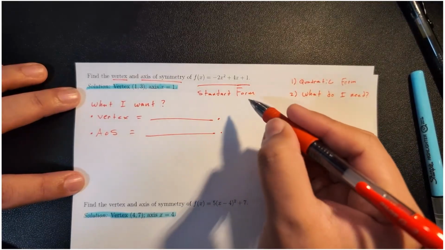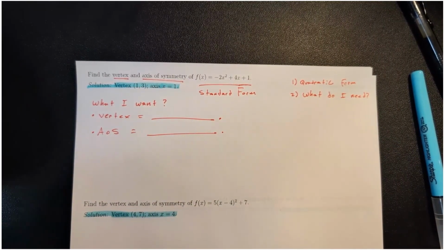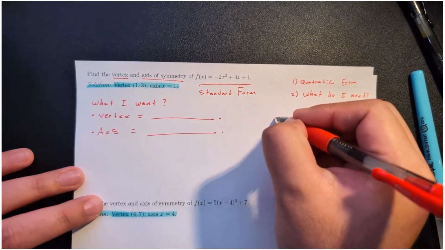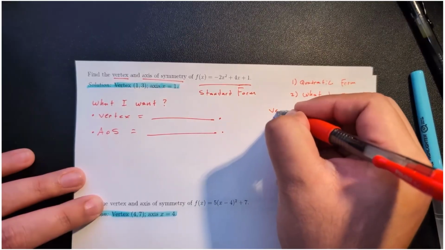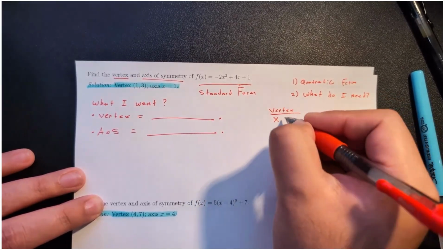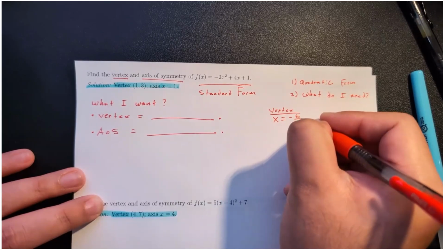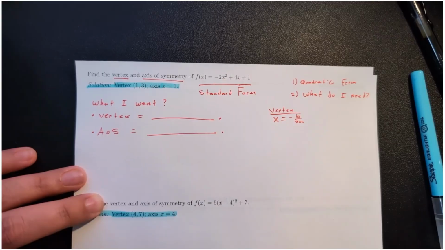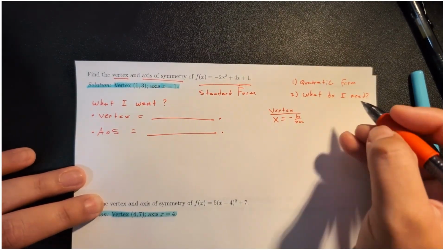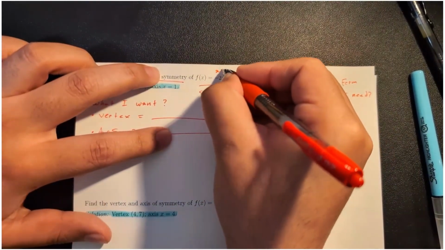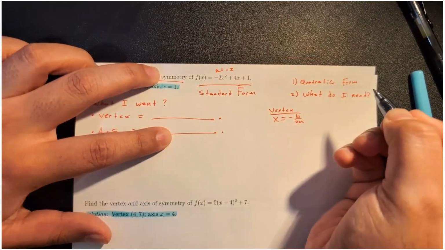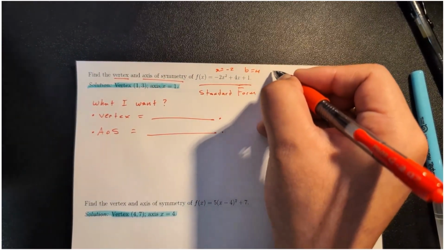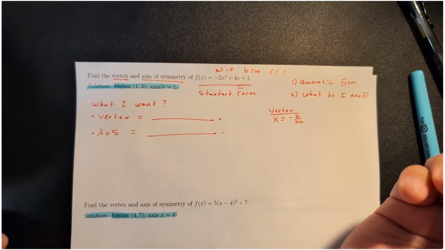So from the standard form, we know that our vertex, we can use the formula x is equal to negative b over 2a. Okay, good. So here my a is negative 2, my b is 4, and my c is 1.